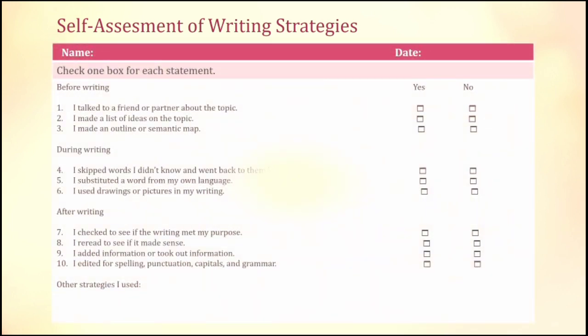And here is an example of the assessment, especially self-assessment of writing strategies. The learner or student should choose one of the boxes for each statement. Before writing, whether he or she talked to a friend or partner about the topic, yes or no, made a list of ideas on the topic, yes or no, made an outline or a semantic map.